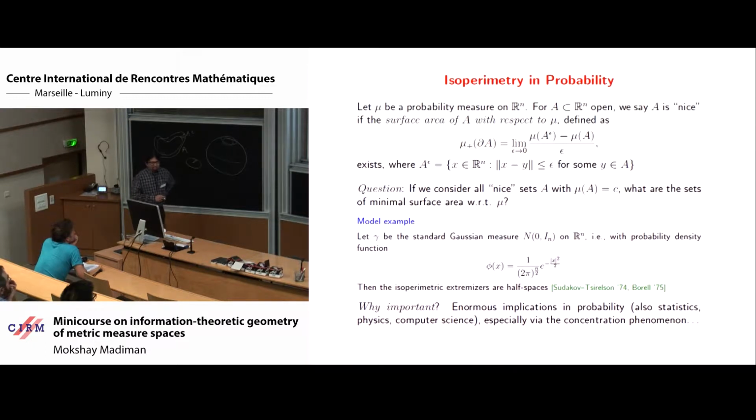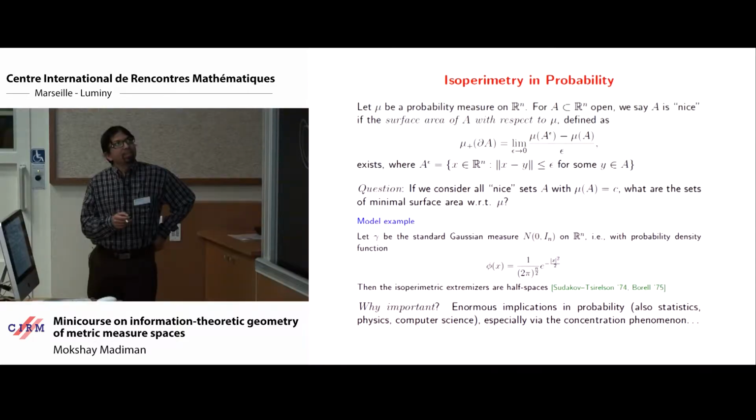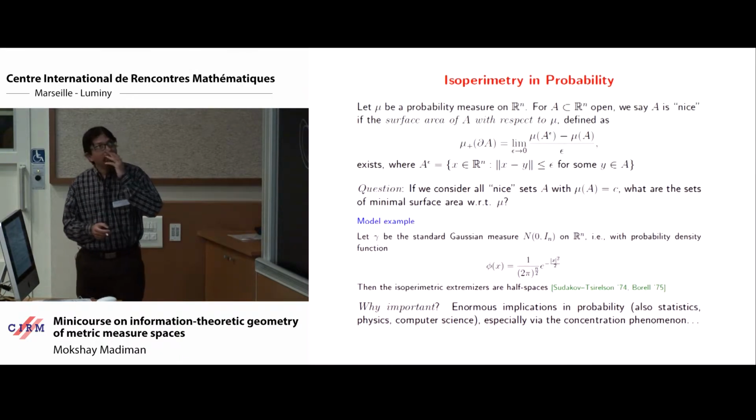And now let's look at the isoperimetric problem in probability. So now I'm looking at Rn for simplicity. Let mu be a probability measure on Rn, and for an open subset A, let's define the surface area with respect to mu as the limit of this thing, where again A epsilon is this fattening of A by epsilon.